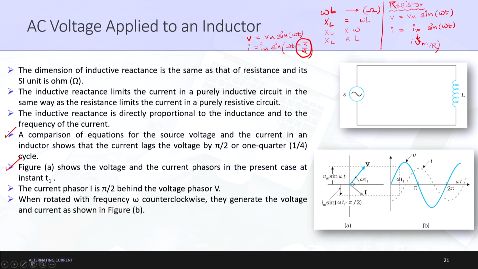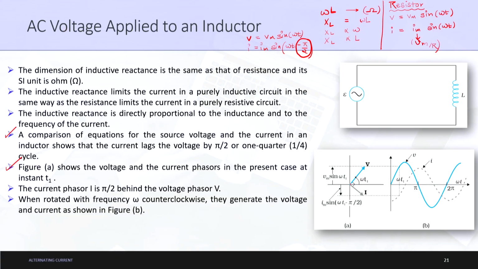Figure A shows the voltage and the current phasors in the present case at some instant t1. For example, to understand this scenario we are trying to understand what will happen at some time t equal to t1. Let us suppose that this is the voltage here.